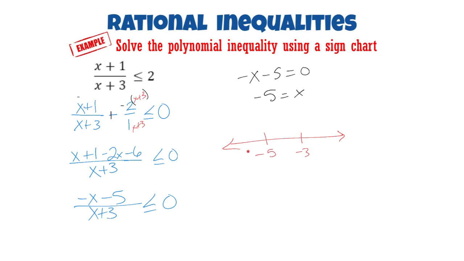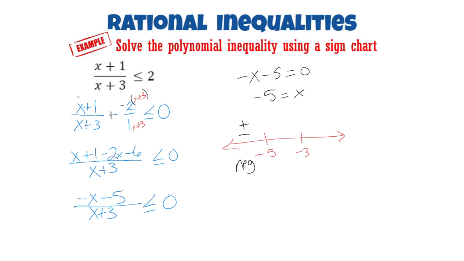So picking a number in this section here, that'd be a negative 6. If I put a negative 6 right here, it would change to a positive 6 minus 5. That's going to be a positive number. But if I put a negative 6 in that denominator, it's going to end up negative. So I'm going to take a positive number and divide it by a negative number, and that's going to end up being negative.